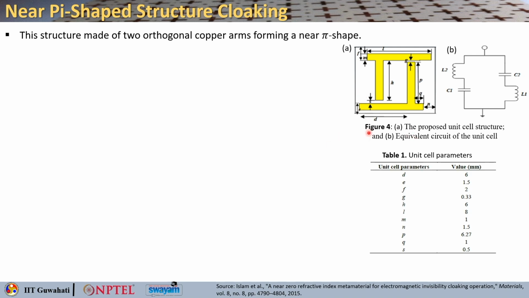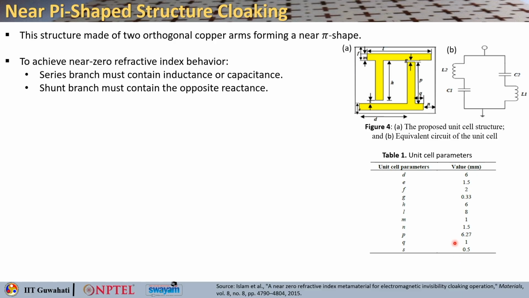And the design parameters for this kind of structure are listed here. You have all these parameters D, E, F, G, H, I, J, L, M, N, P, Q, S, all given in millimeters, right.